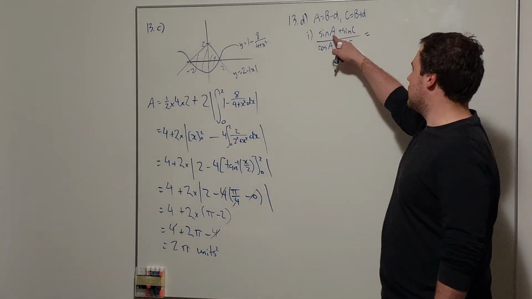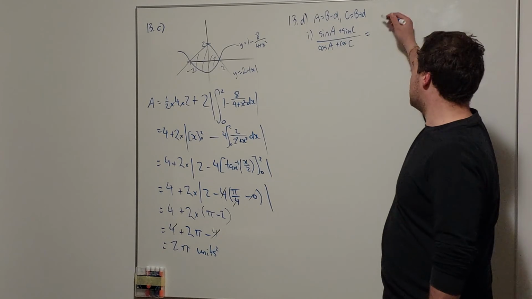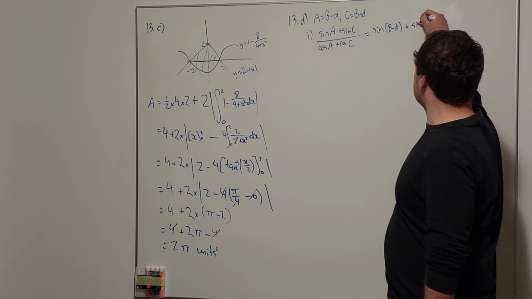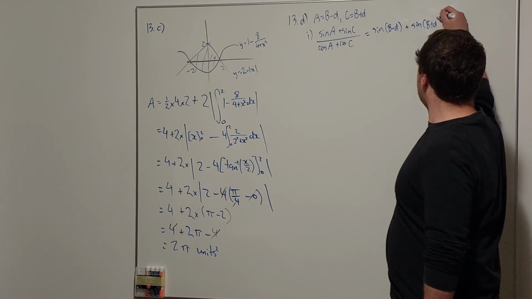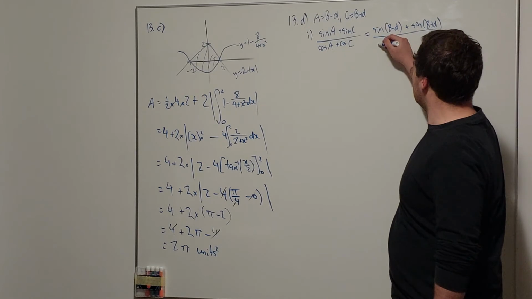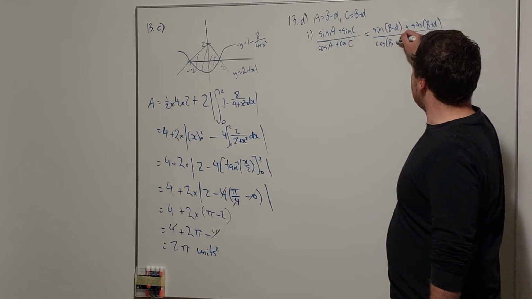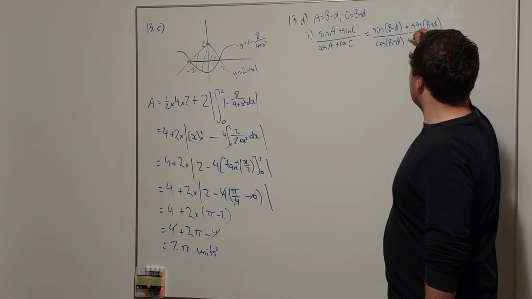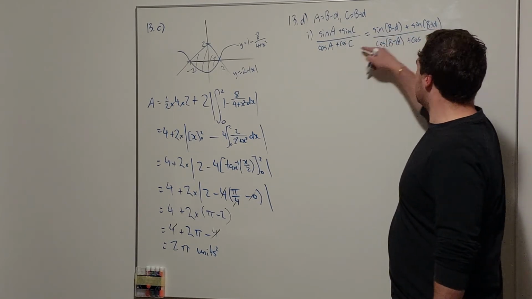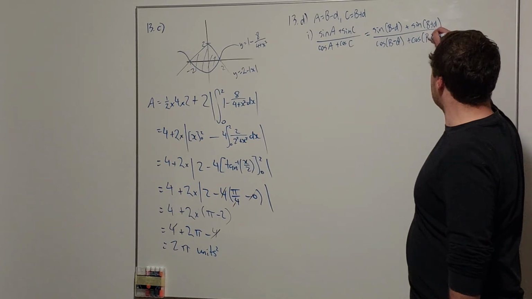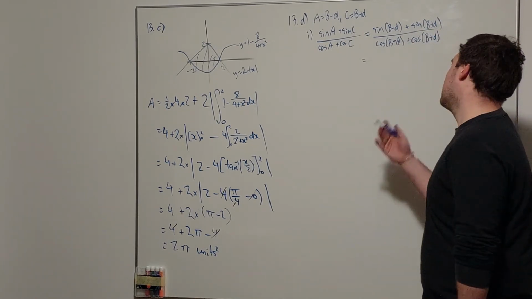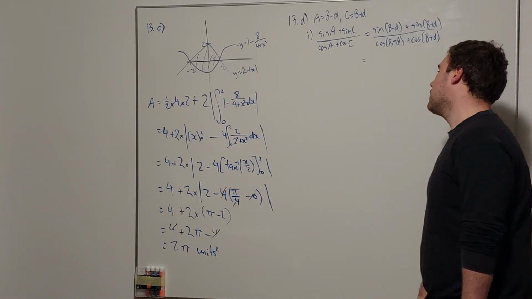All we're literally going to do is replace A and C with these expressions we've given. Sine of B minus D plus sine of B plus D on cos of B minus D plus cos of B plus D. Now we're just going to use a bunch of angle sum and difference formulas.